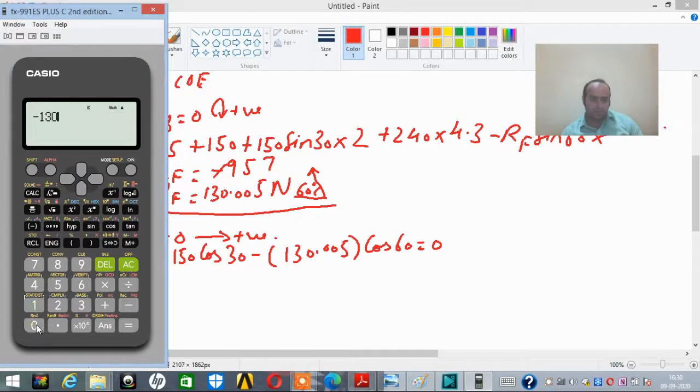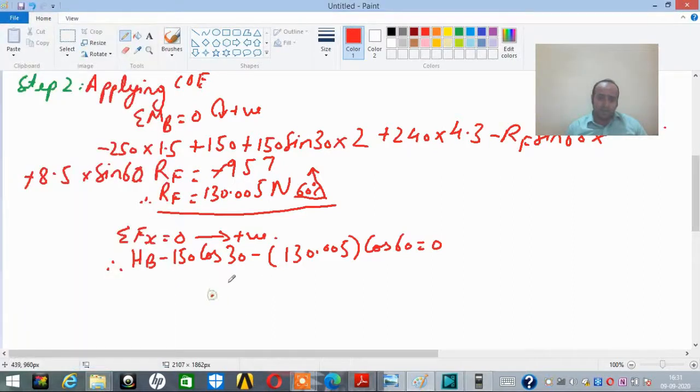130, minus of 150 cos of 30 minus 130.005 cos of 60. So the value comes out to be minus on the other side.